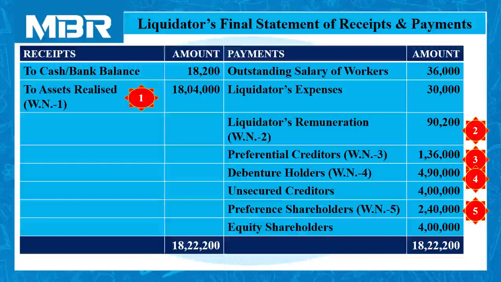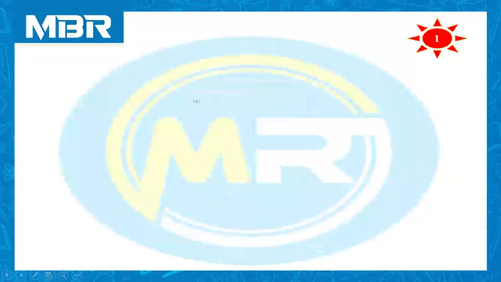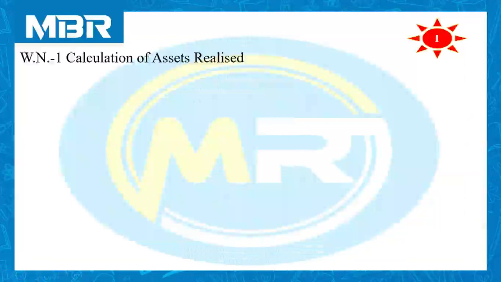Total amount realized by the liquidator using different assets is rupees 18 lakhs 4,000. In order to understand the amount of the assets realized by the liquidator, let us visit working note number 1. Calculation of assets realized.